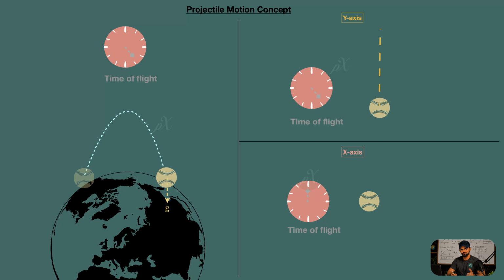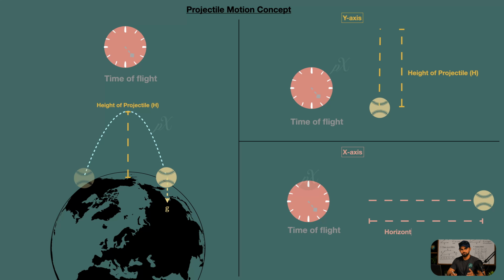And this maximum vertical distance reached by the ball is called the maximum height of the projectile. Similarly, during the same time of flight, the ball also keeps moving forward in the horizontal direction. And this horizontal distance covered by the ball is called the horizontal range of the projectile.